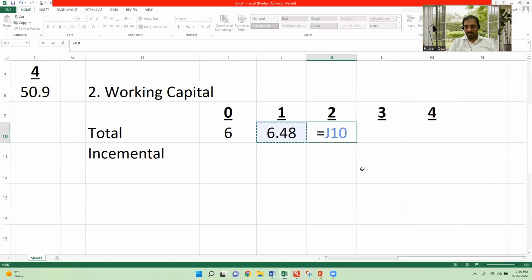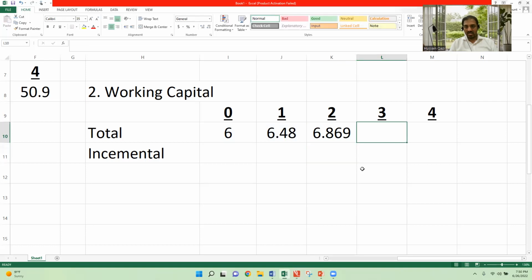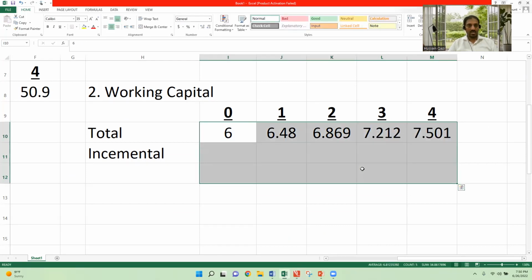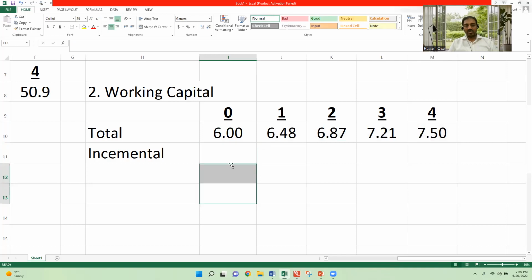Then 6%, multiplied by 1.06, then 5%, 4%. Okay, so this is total.